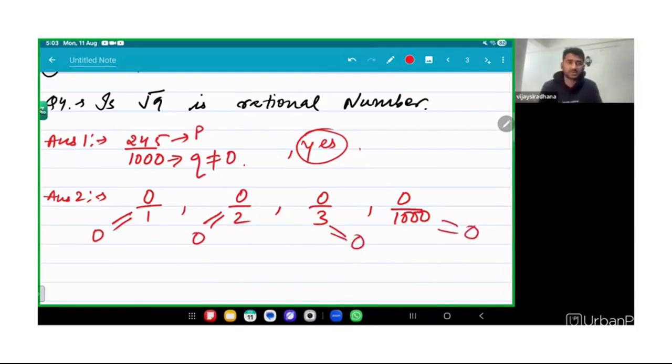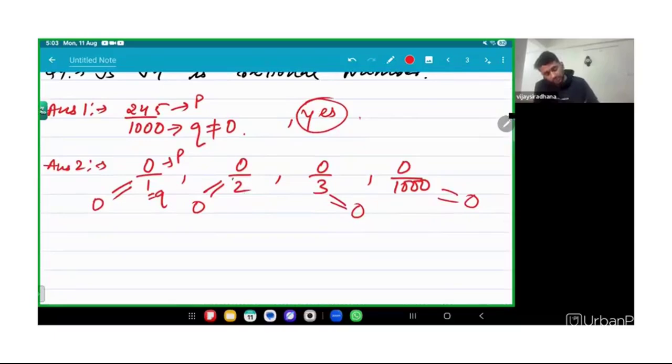But what does the rational number definition say? Any number which is expressed as p by q, where p is 0, q is 1, and q is not equal to 0, right? So here q is 2, q is 3, q is 1000. We are not using q as 0.